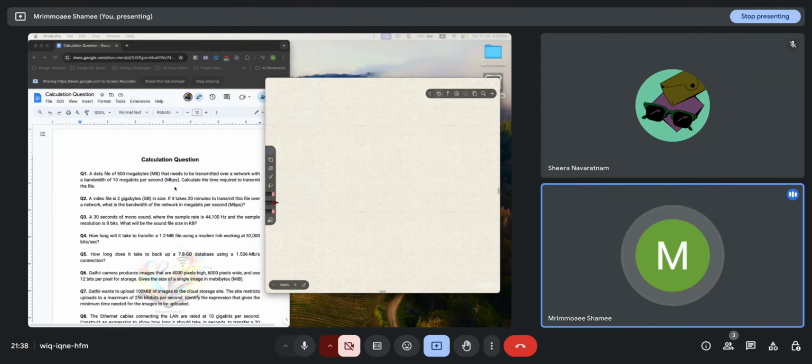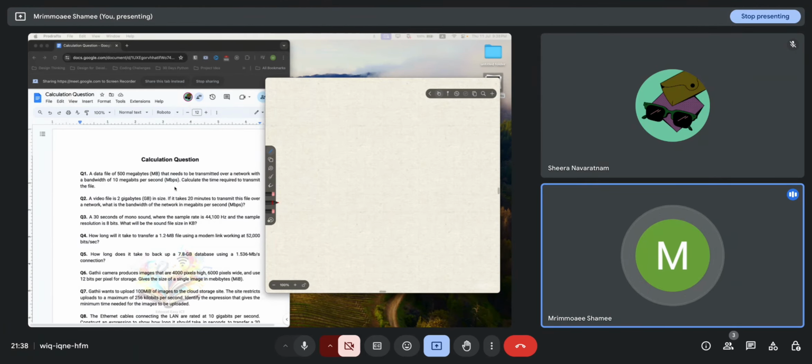So the formula for the time, I already gave you. This is the data transfer rate. So transmission time equals file size divided by bandwidth or speed, right? They are giving us the bandwidth.